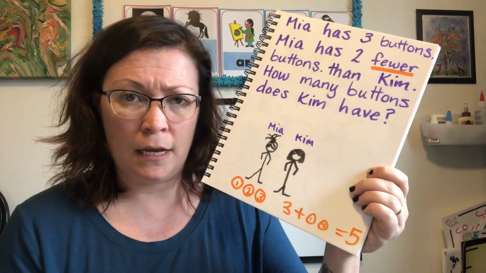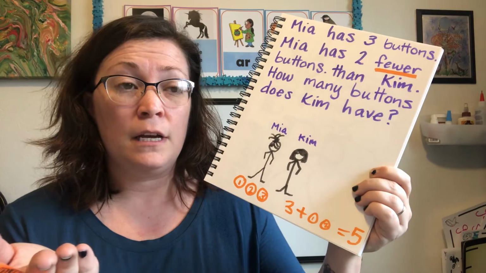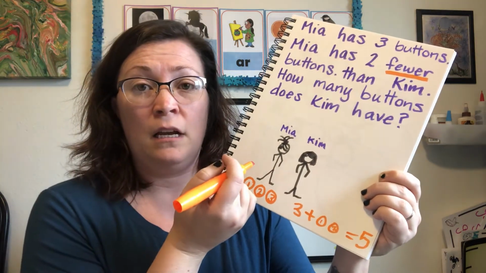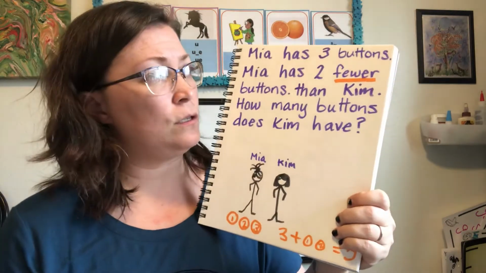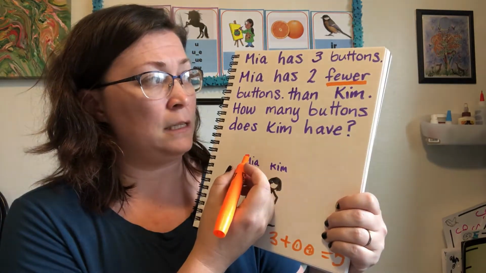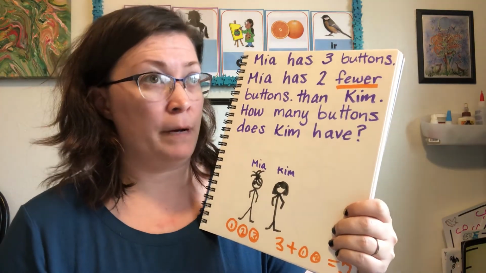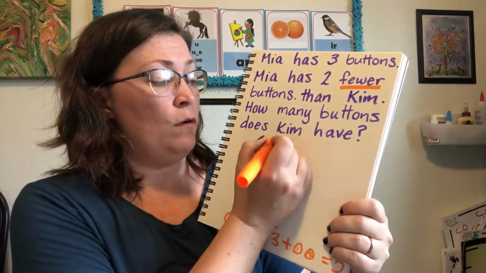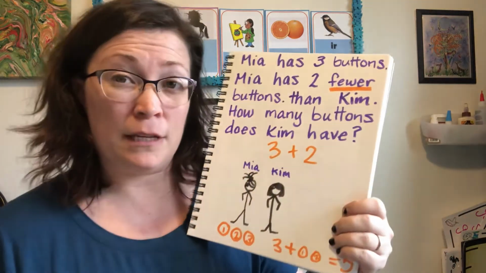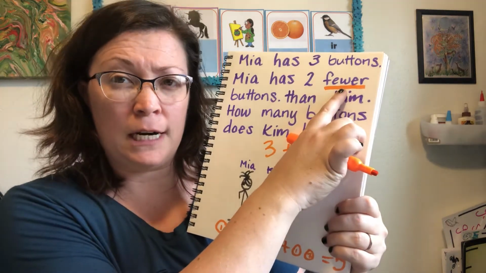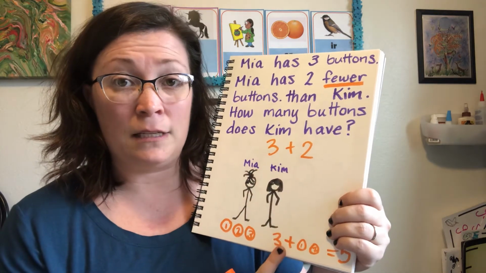Very interesting. So now let's look at an equation, because we've done start unknown, and we've also done change unknown. And I want to figure out which one this is. So we start with Mia has 3 buttons, but she has 2 fewer buttons. So Kim would have 2 more. And this is where it's tricky, because it says the word fewer, but when we write our equation, we want to think of that this person has more.